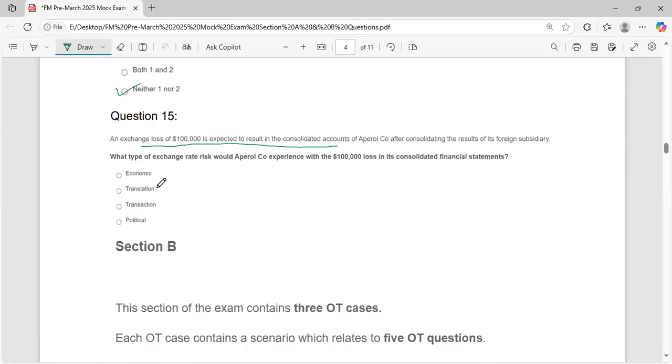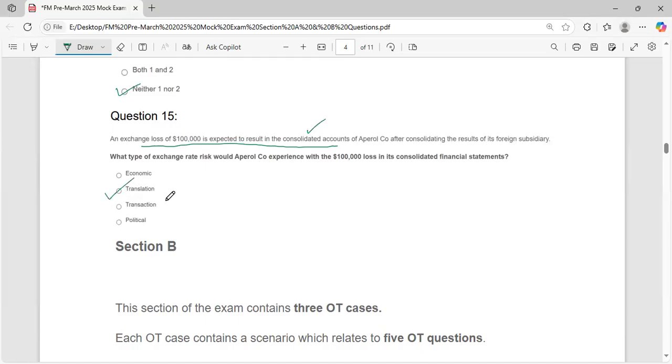Translation risk is the one which arises in a relationship of subsidiary and parent, where we are converting the financial statement of a subsidiary into parent currency, then there could be exchange gain or exchange loss. So this situation is relevant with the parent company or consolidation. So it is translation risk.